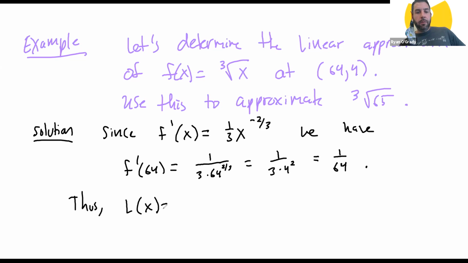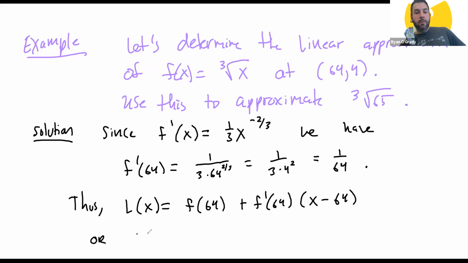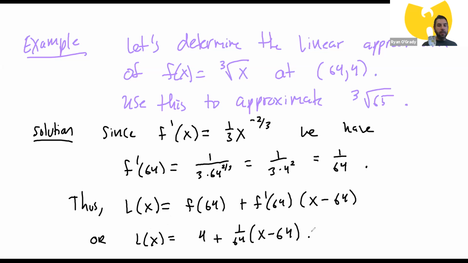Thus, the linear approximation is f of 64 plus f prime of 64 times x minus 64. And that's going to simplify to 4 plus 1 divided by 64 times x minus 64. So that's the linear approximation.